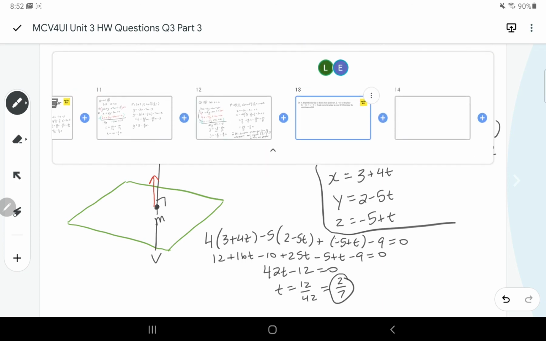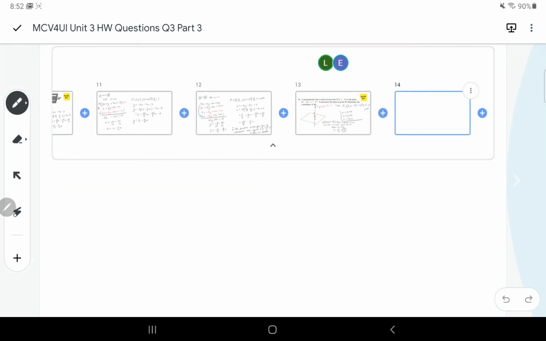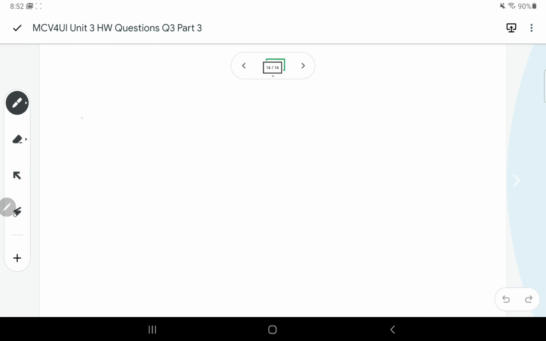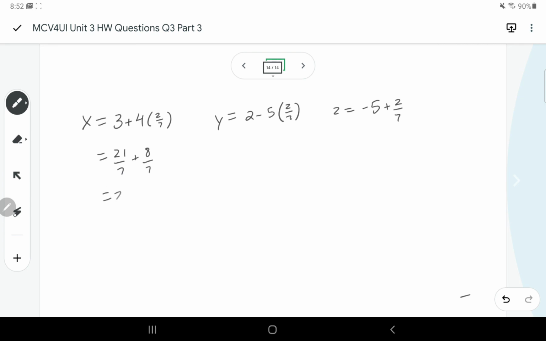So I am going to pop to the next slide, just so you don't have to cram this in. So x is 3 plus 4 times 2/7, y is 2 minus 5 times 2/7, and z is negative 5 plus 2/7. So we can get each component.